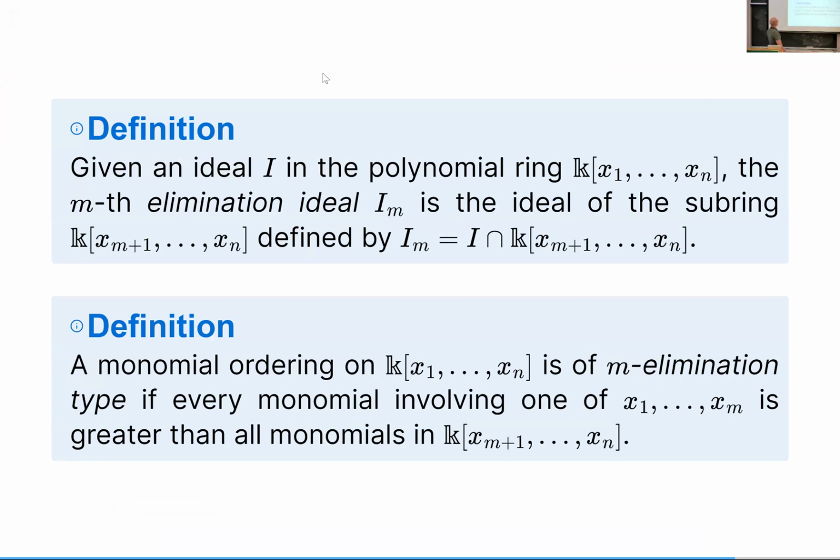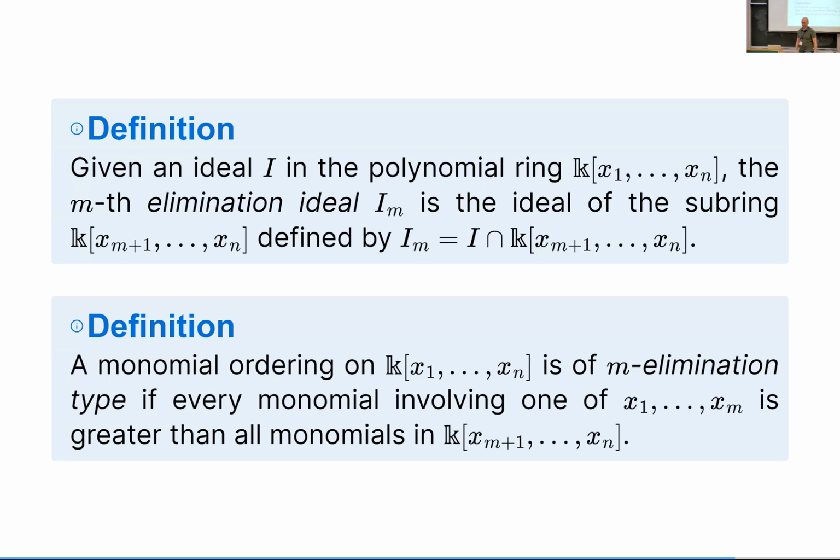So, all right, we have an ideal I in this polynomial ring with n variables. We're going to define the mth elimination ideal that we denote I sub m as the ideal in the subring containing the variables towards the end. We eliminated the first m, and it is obtained by intersection.